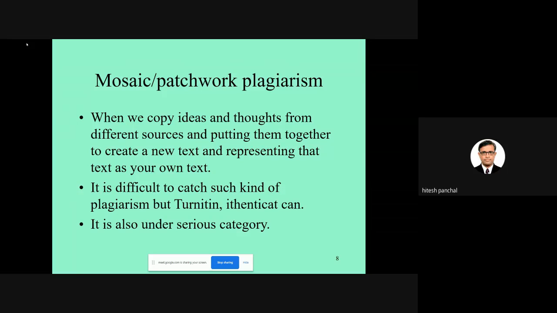In mosaic or patchwork plagiarism, we copy ideas and thoughts from different sources and put them together to create a new text, and then represent that text as our own. Let me give you a simple example of mosaic or patchwork plagiarism, with X, Y, and Z.